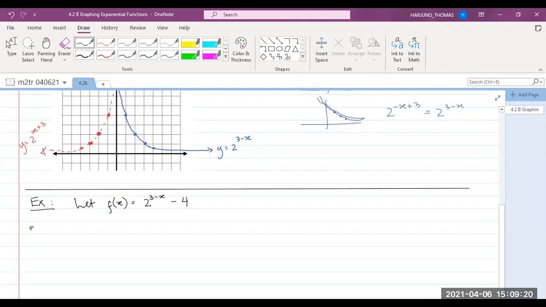Let's answer the following questions. Part A, find the domain. And then how about the range? How about the y-intercept?